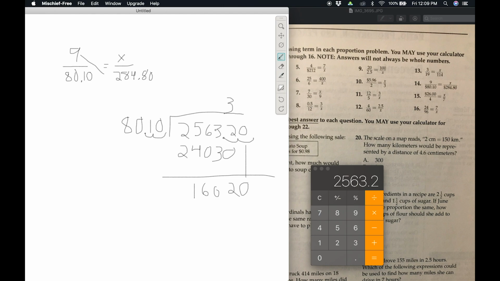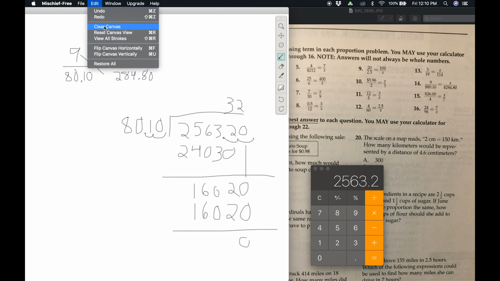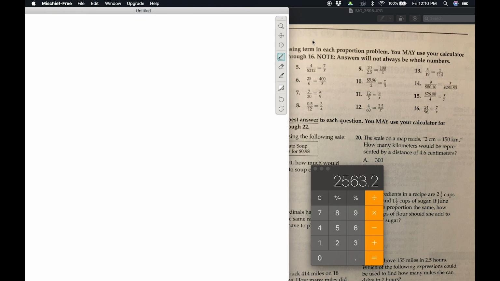Okay, so yes, it goes in there 2 times. 2 times 8,010 is 16,020. There's your answer, folks. 32. So x equals 32. Let's put 32 up there. Perfect. I love it.